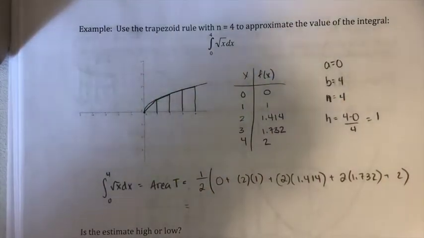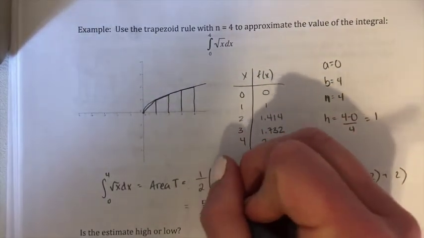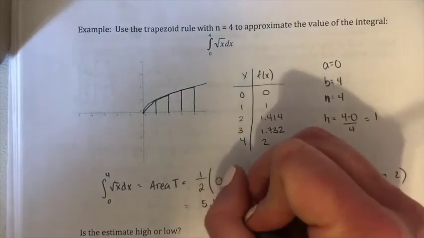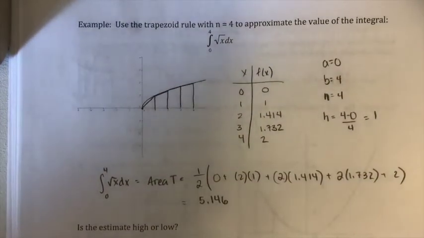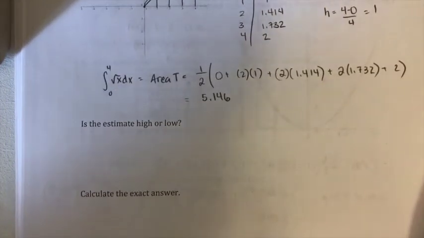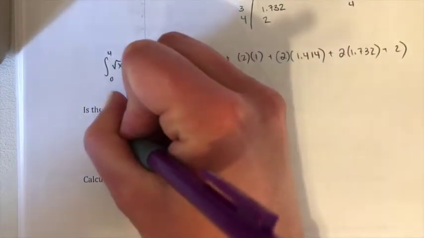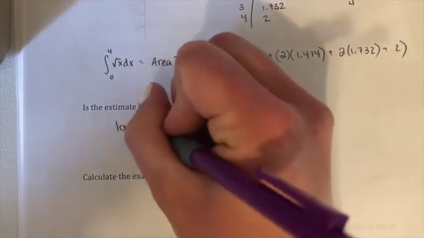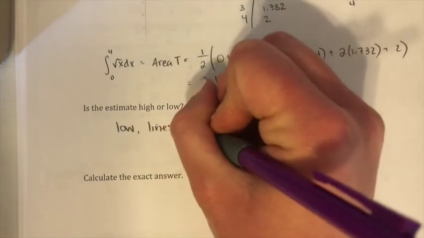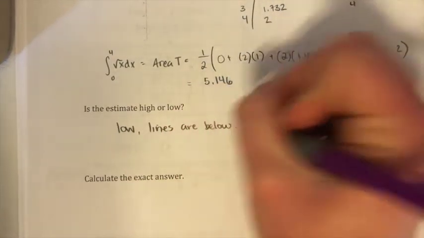And when we do that, we get 5.146. Is that estimate high or low? Low this time, right? The lines are below.